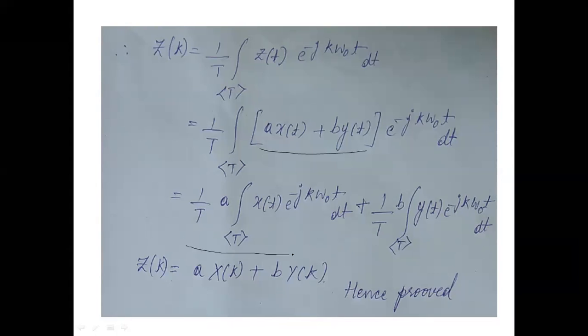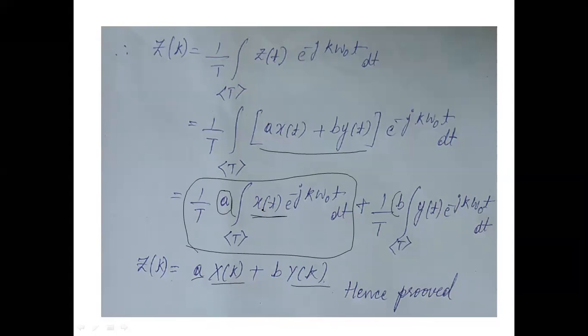Now what is this part which I am indicating? This is nothing but the Fourier series expression for the periodic signal x of t, where a is the constant which we used to scale. So it is a into X of k plus b into Y of k.